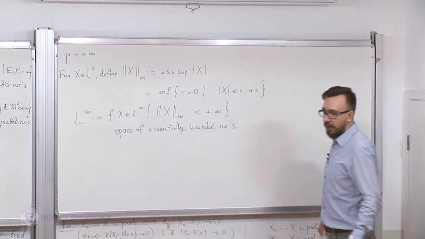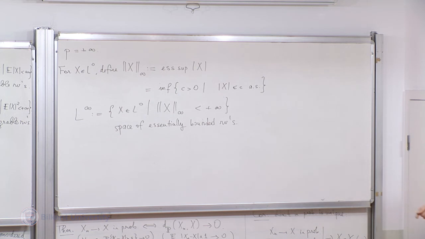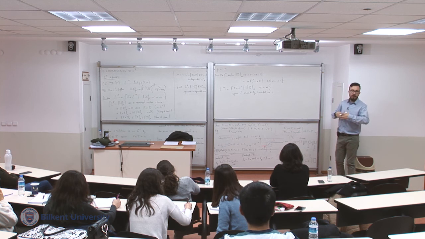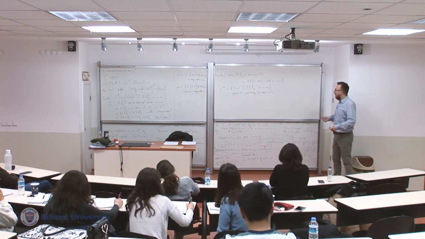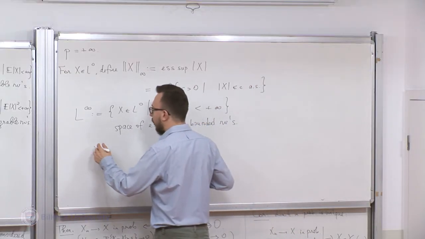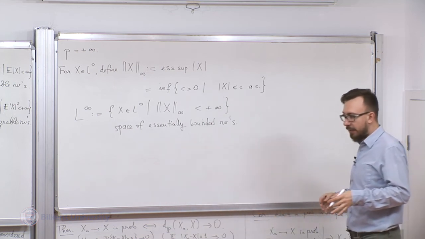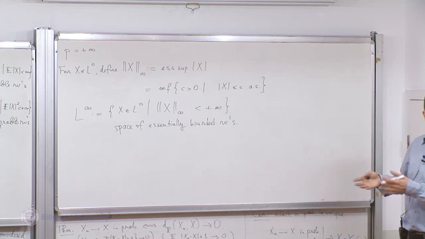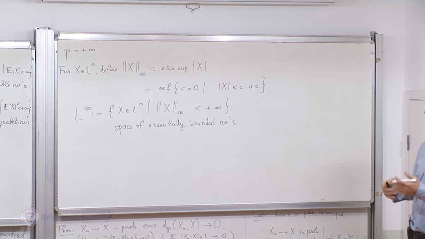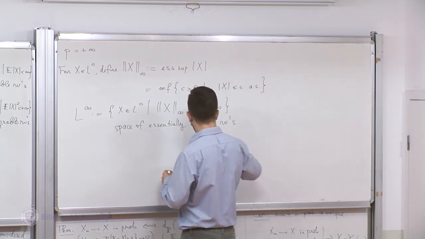That's the most convenient space of random variables, because if you have boundedness, then you have finite expectation and finite variance. So L infinity is a subset of all other L^p. If you want to create some setup for random variables, the simplest setup is perhaps this L infinity, if you want to work with general probability spaces. So, essentially bounded random variables.